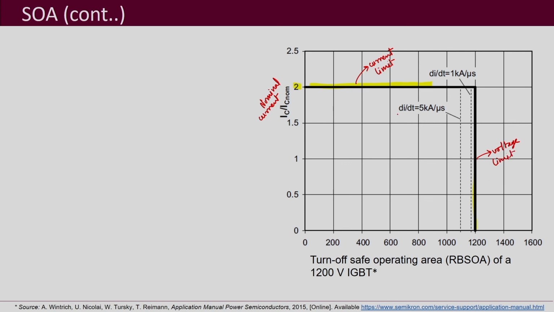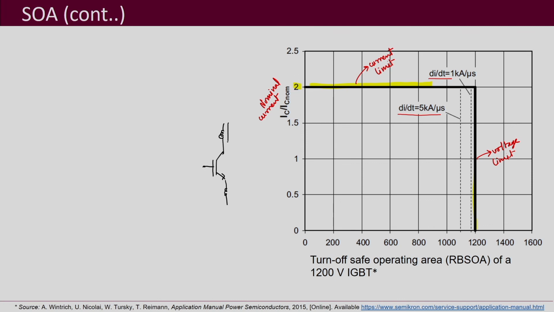Now here what you observe is that di by dt values are given. Now in an IGBT, let us say this is your IGBT. There may be some stray inductances that may be associated.